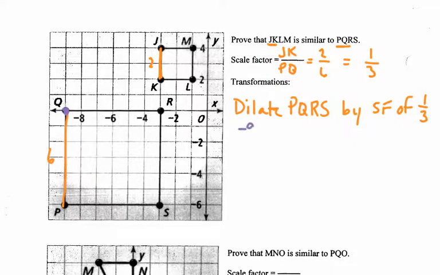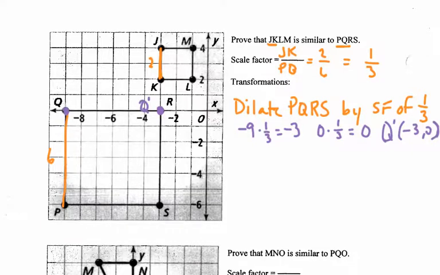So -9 times 1/3 is -3, and 0 times 1/3 is 0. So that means that Q prime is at the point -3, 0. So -3, 0 is Q prime.